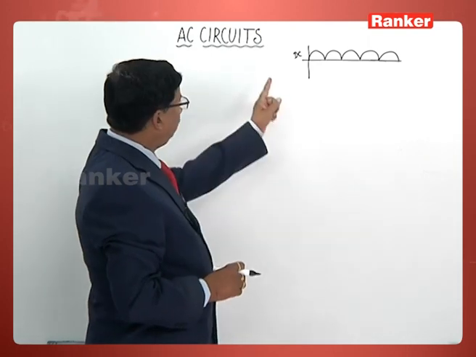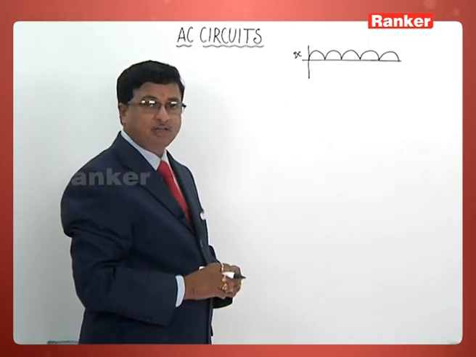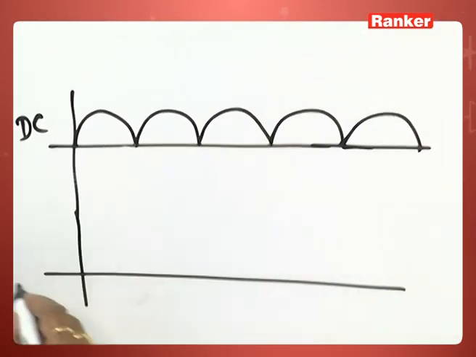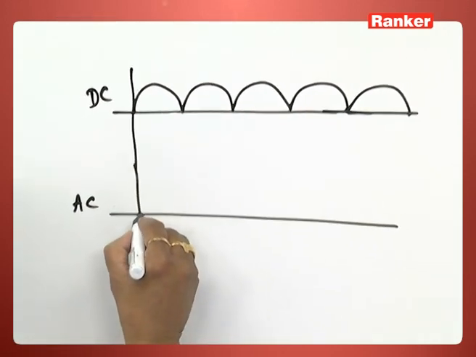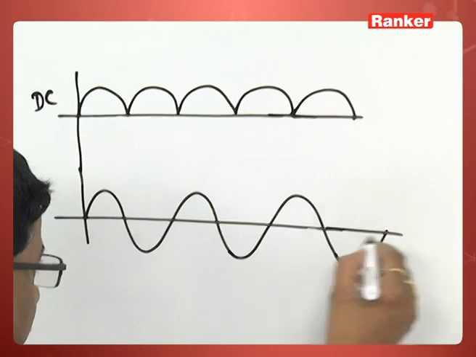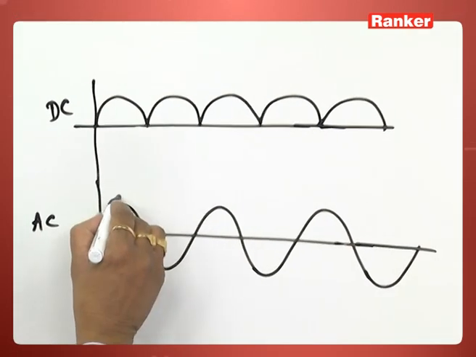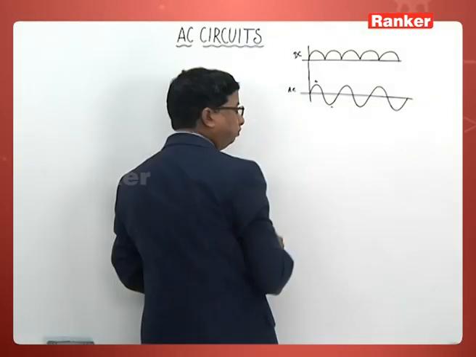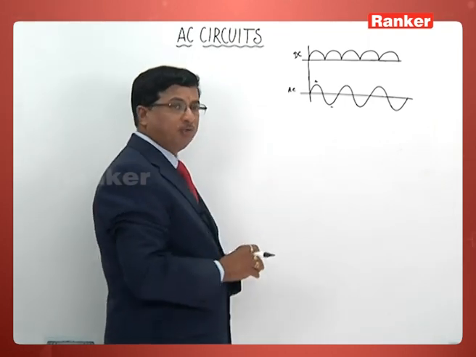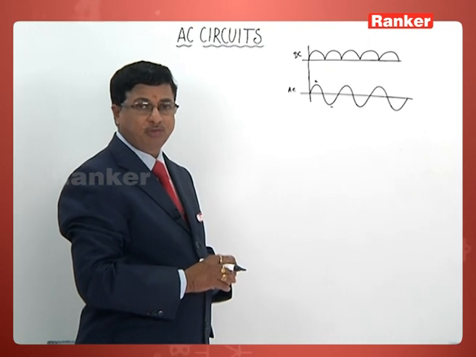Thereby, we call this DC or direct current. When we come across the concept of alternating current, we represent it with a sinusoidal wave. So you find positive and negative polarity variation. It's a sine function wave we represent this with.